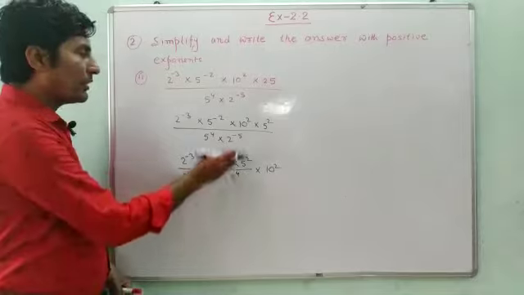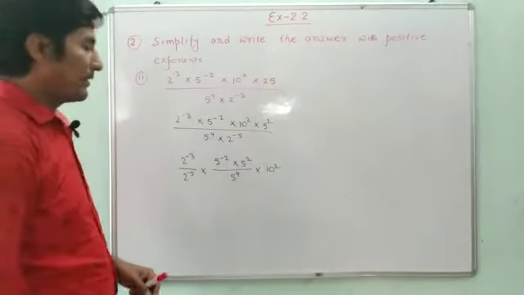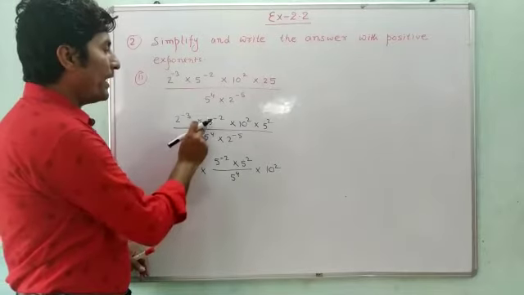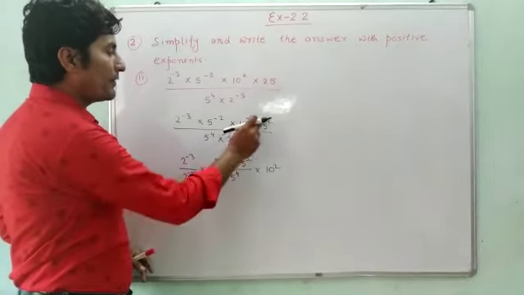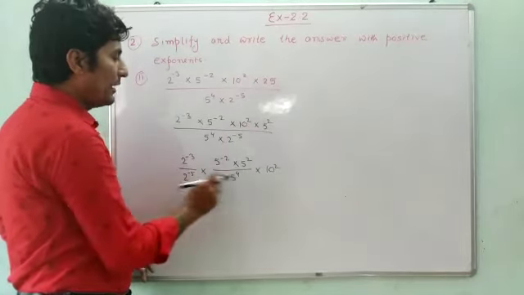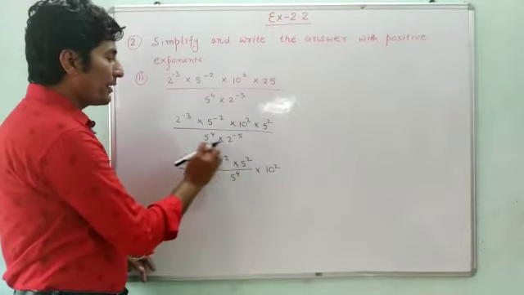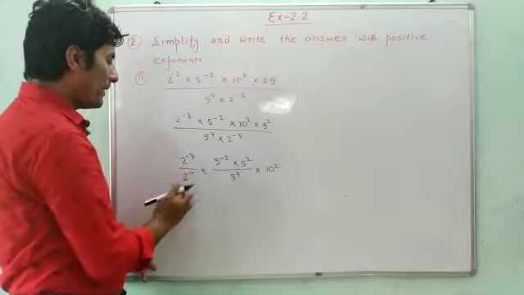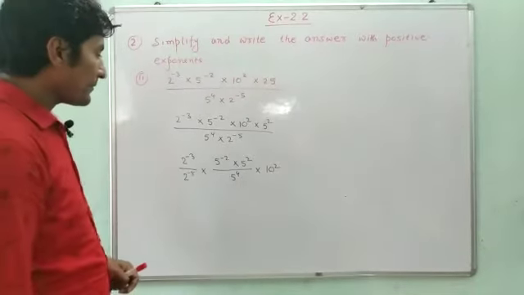If we multiply all, we will get the same result, because in the numerator we are having 4 times 2 to the power 3 I have written, 5 to the power -2 I have written here, 5 square I have written here, 10 square I have written. In the denominator we are having only 2 terms, 5 to the power 4 here and 2 to the power -5 here I have written.